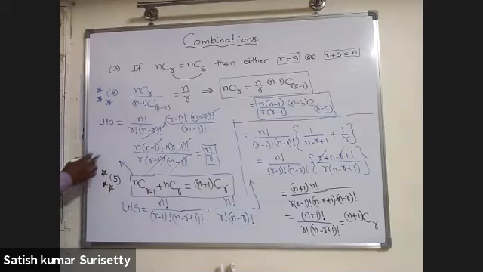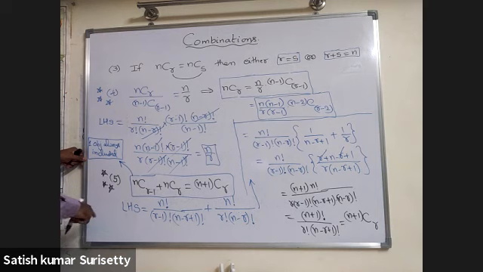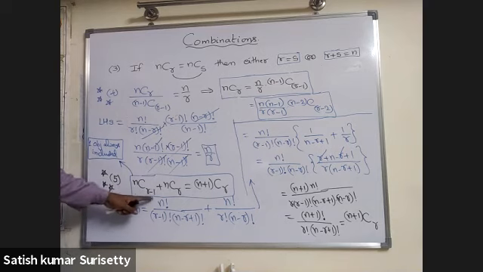One portion corresponds to one object always included in each selection. So one object is always included in each selection. That means one object we have fixed. In the remaining objects, it will be n, and we need to select r minus 1. That's why it is nC(r minus 1).